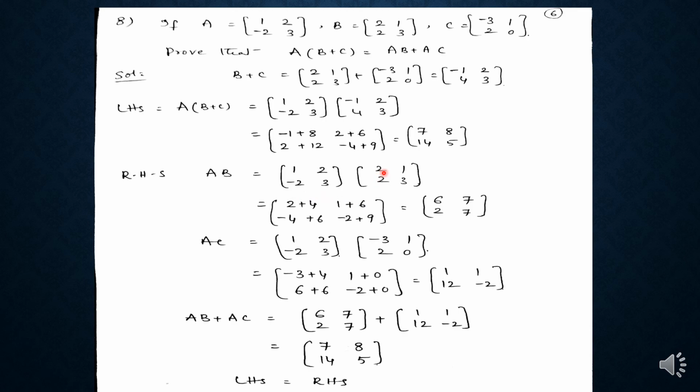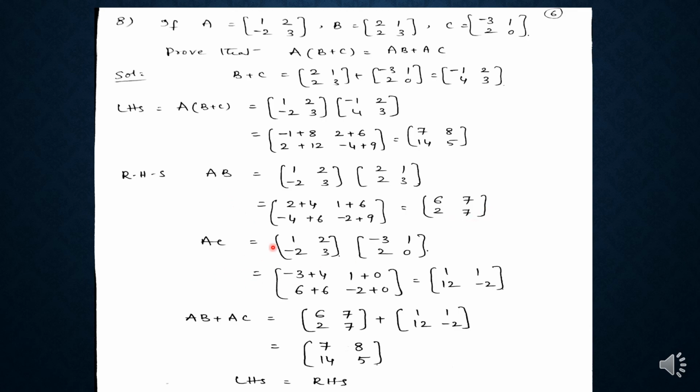Minus 2 into 2, minus 4, plus 3 into 2, 6. Minus 2 into 1, minus 2, plus 3 into 3, 9. That is equal to 4 plus 2, 6; 7; 6 minus 4, 2; 9 minus 2, 7. So this is AB. AB is equal to [6 7; 2 7].